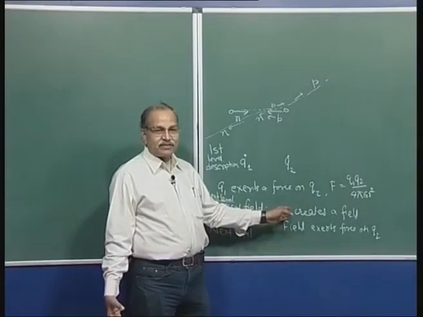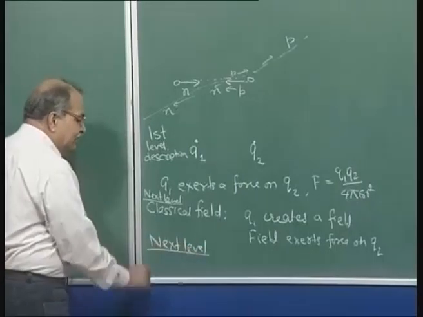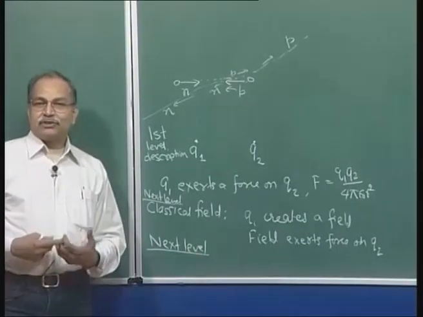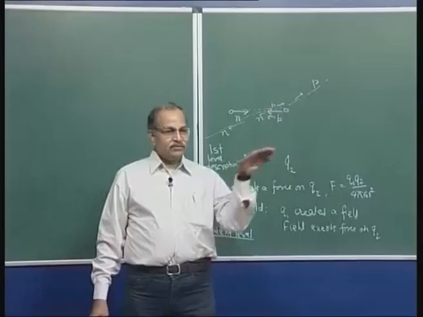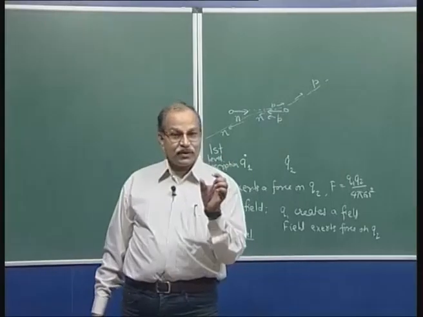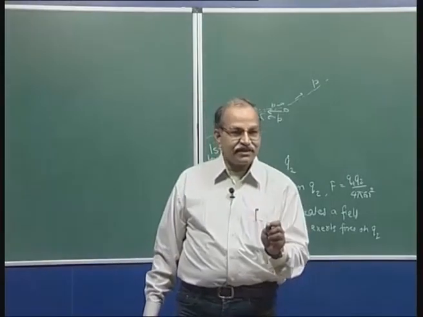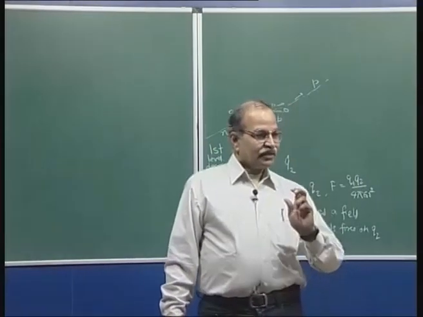When you talk in terms of classical fields, that is classical electrodynamics. And at the next level, when you bring the quantum nature into the picture and you talk of quantum electrodynamics, then you say that this field is not continuous, it has to be quantized, any energy transfer has to be in units of a certain minimum package.